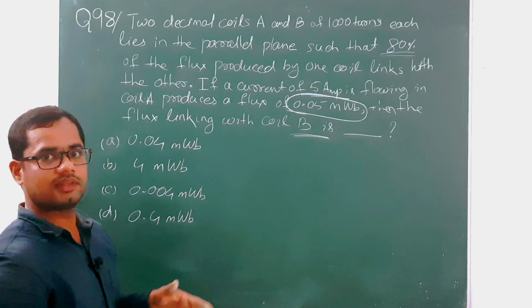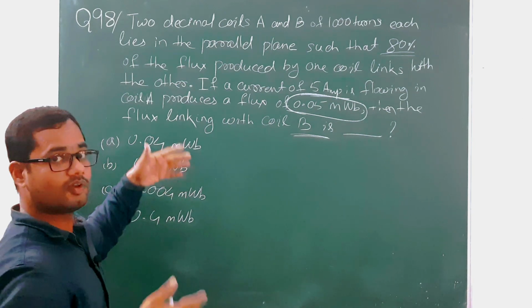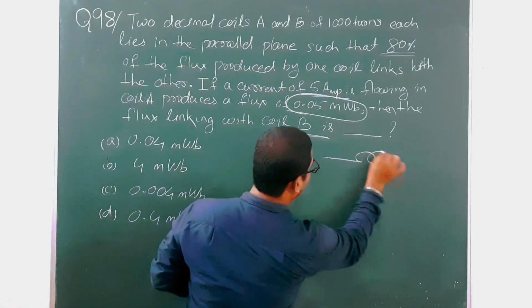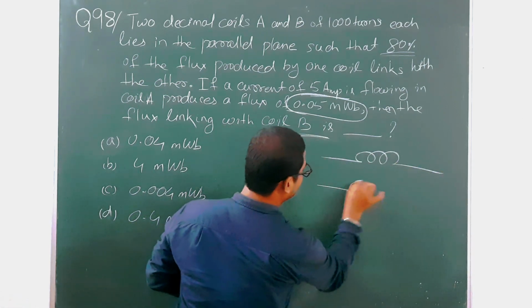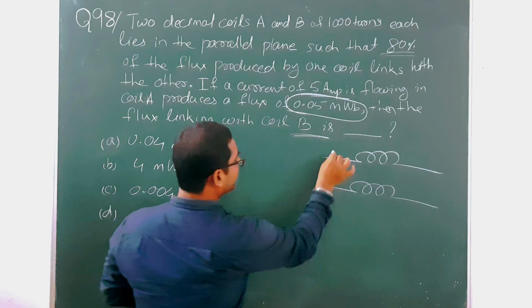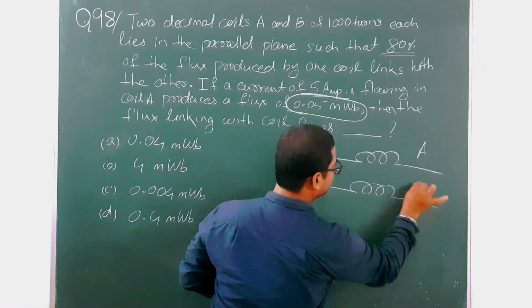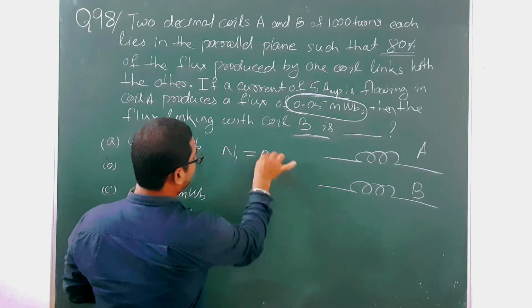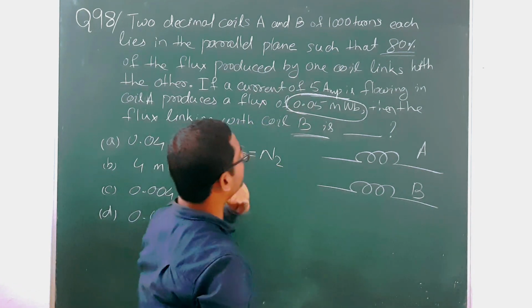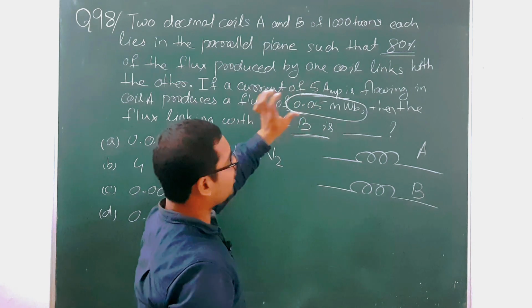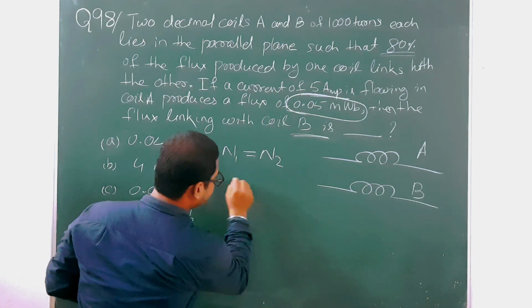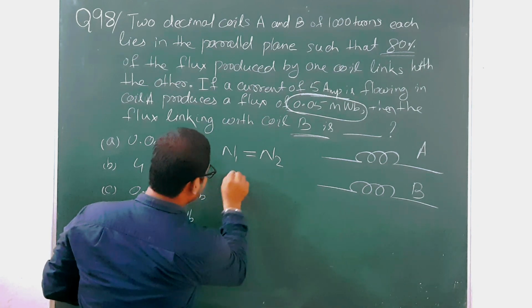Looking at the question, you may think it's a big question, but it is a simple question and the answer you can get is also simple. Let it be coil A and coil B. The turns are the same, N1 and N2 are the same, 1000 turns, and 50%, sorry, not 50%, 80% of the flux is being linked.